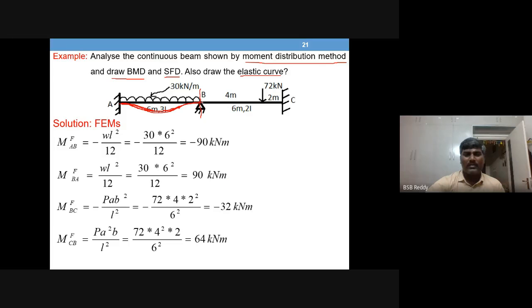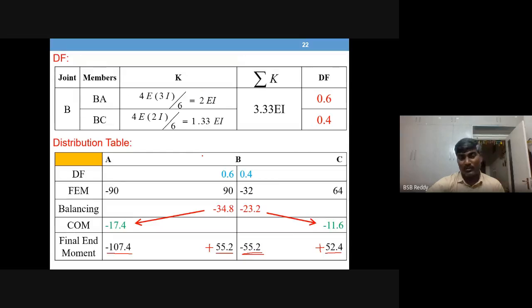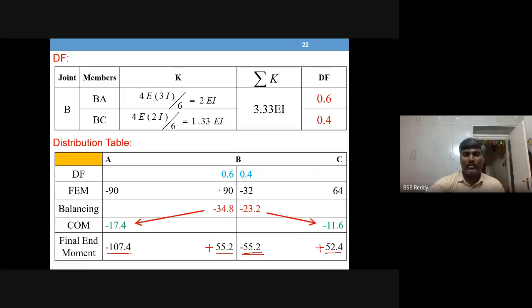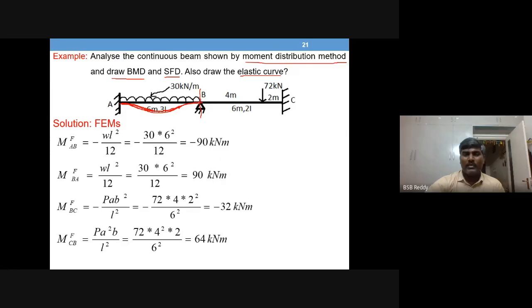So this is the curve. Then what about the other portion? Again it has some hogging first, then 0, sagging, then again 0, hogging, but the 0 point is a little far away from the support, which means you should draw the hogging a little bit higher.